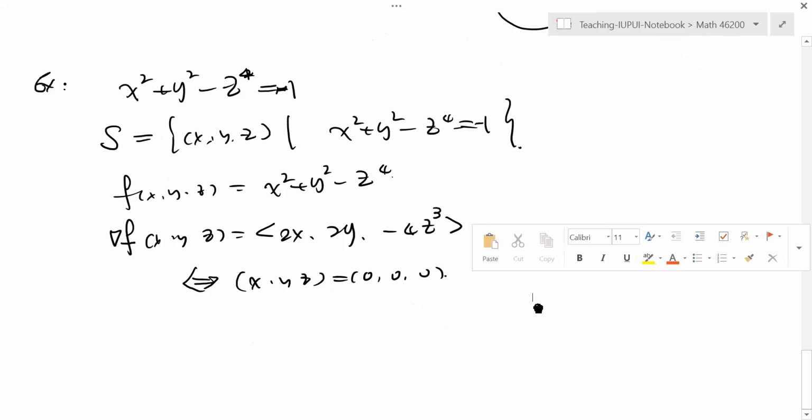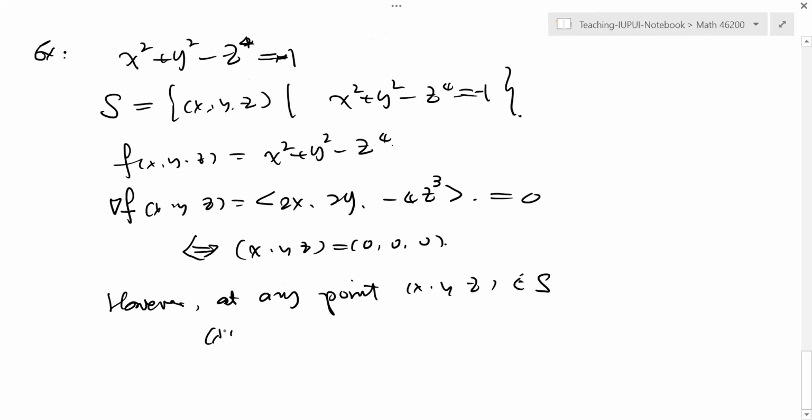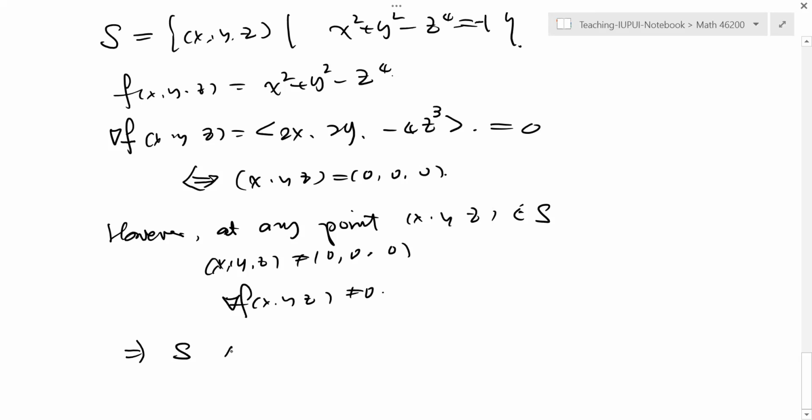However, at any point x, y, z on the surface, those components cannot be all 0, because 0 squared plus 0 squared minus 0 to the 4th power is 0, so it does not satisfy the equation. Therefore, the gradient is never 0. So that means S is a smooth surface. You can even calculate the normal vector of the surface.